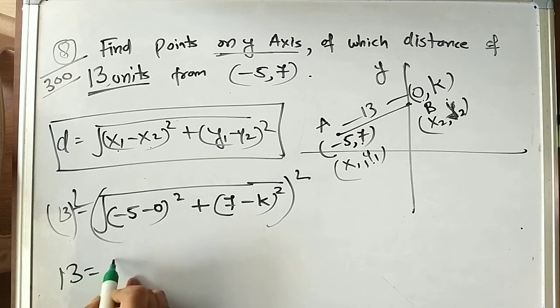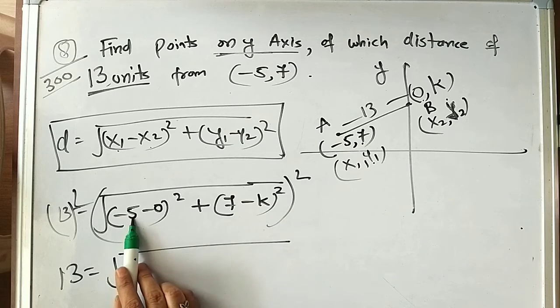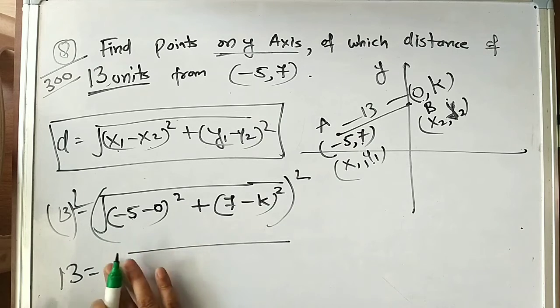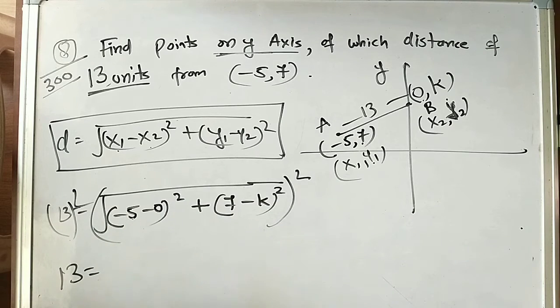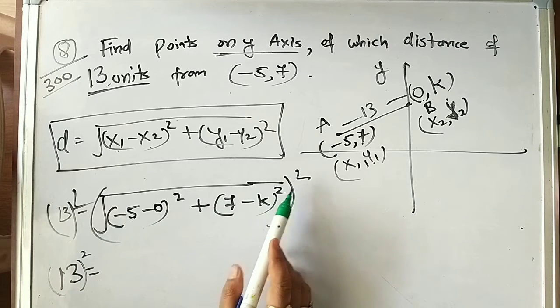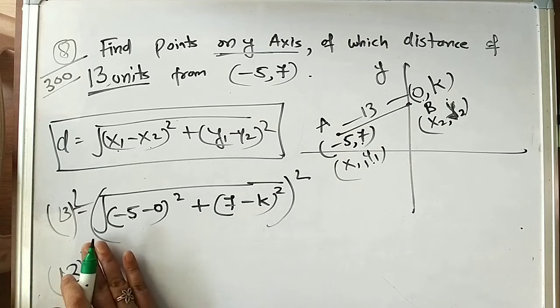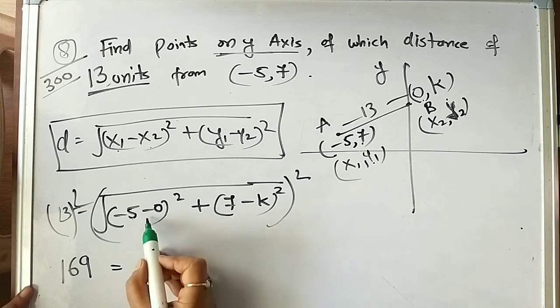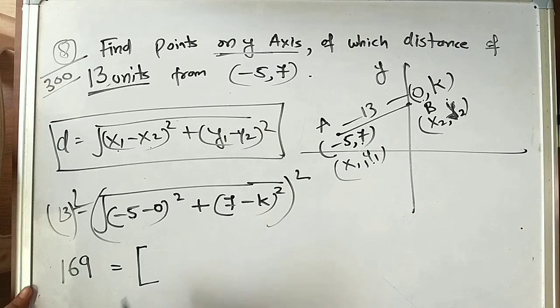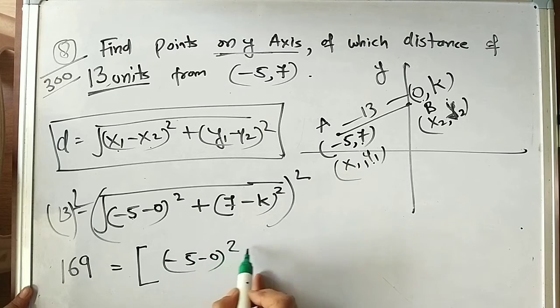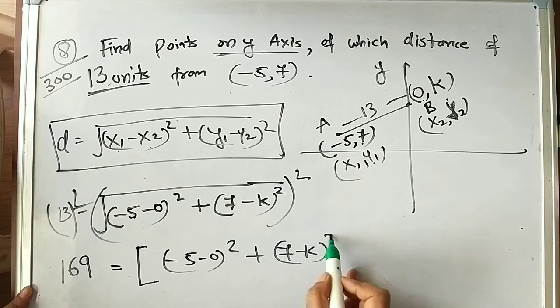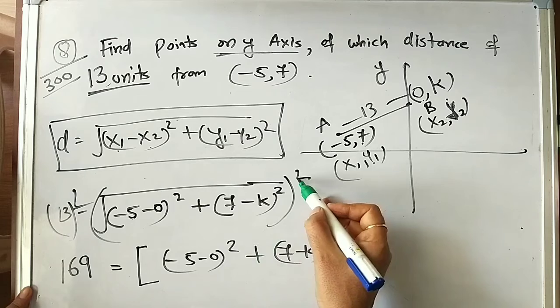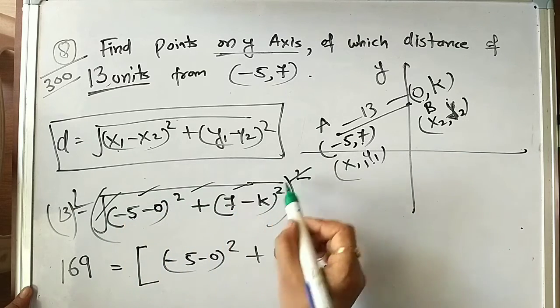So 13 square is 169, equal to (minus 5 minus 0) square plus (7 minus k) square. Because of this square, the root is gone.